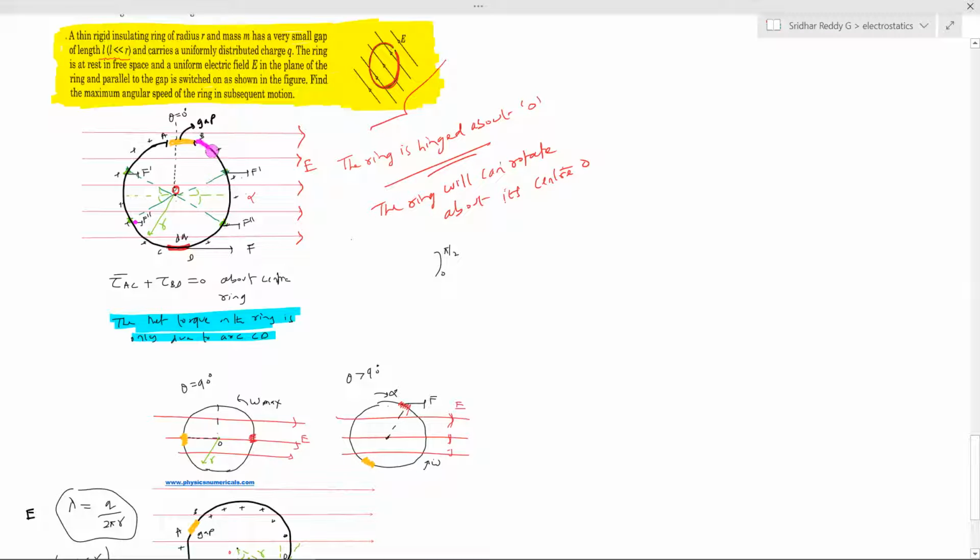So the torque set up by the electrostatic force due to charge on this arc about O should be equal and opposite to the other arc. Therefore, the net torque will be only due to the length of the ring equal to the gap. So AB should be equal to CD. The net torque on the ring is only due to arc CD. And what is the length of arc CD? Equal to the length of the gap.